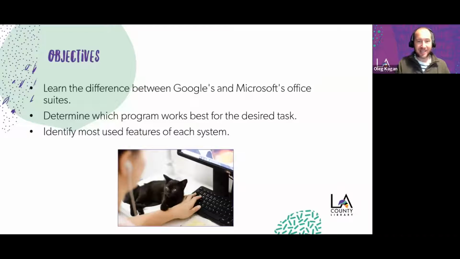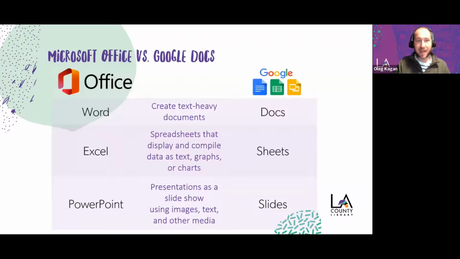So moving right into a direct comparison between Microsoft Office and Google Docs, the different pieces of software have certain categories. So we both have word processors, Microsoft Word and Google Docs, and those are used to create documents that are more text heavy.